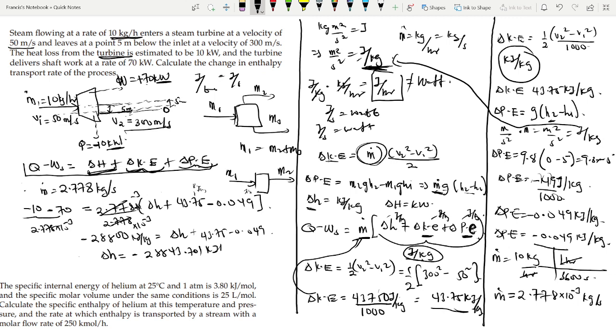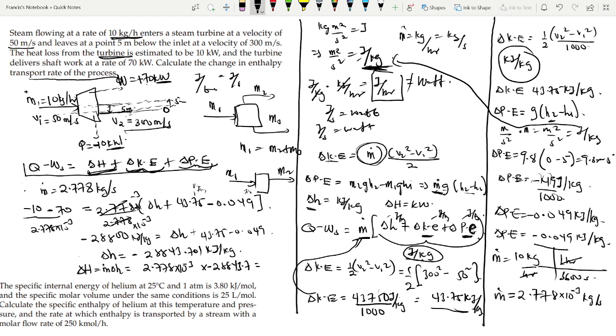To be in kilojoules per kilogram. But the question says you should find a rate, right? So we know that rate is what? Per second or per time. We have to multiply this by the flow rate. So our capital H becomes M times change in small h. And our M was 2.778 times 10 to the power negative 3. So we have to multiply that by negative 28843.7.